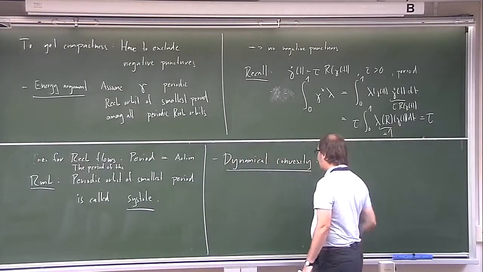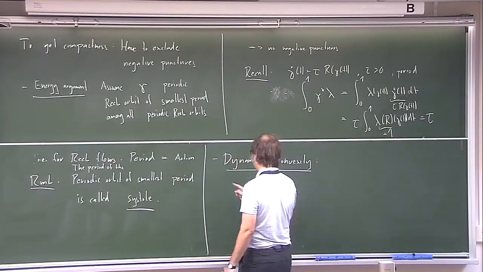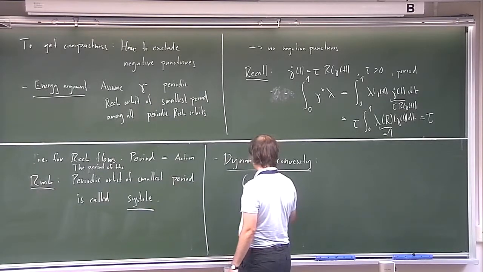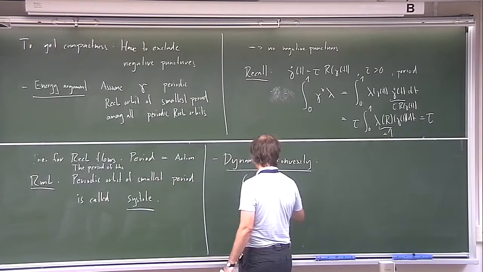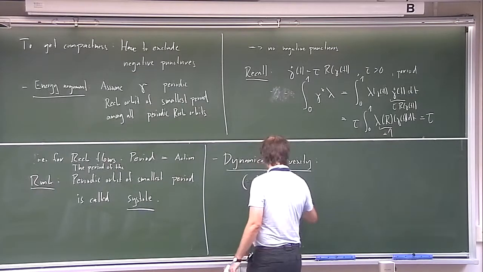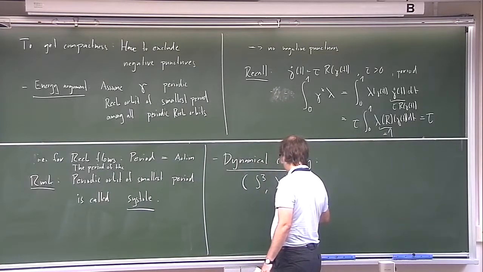So dynamical convexity means, let's assume that we have S3 and lambda a contact form.